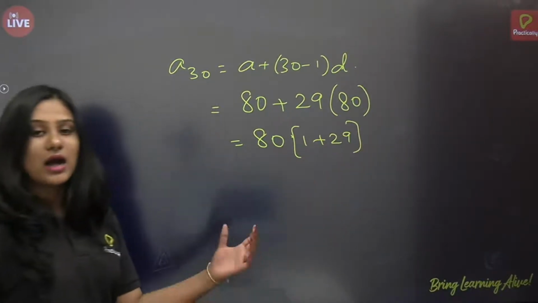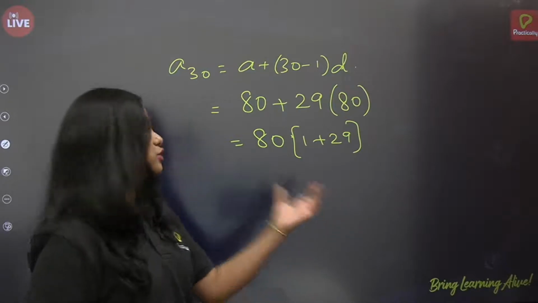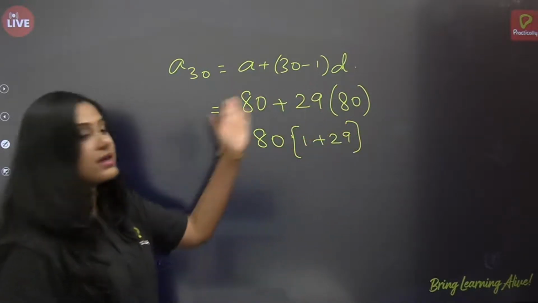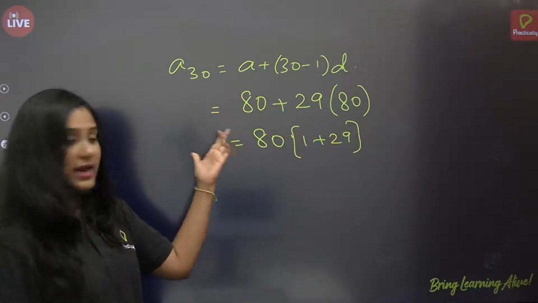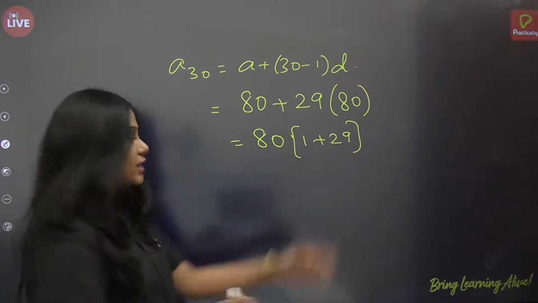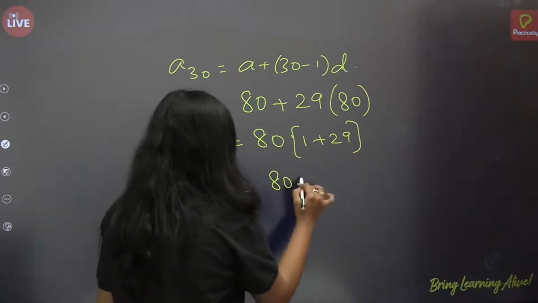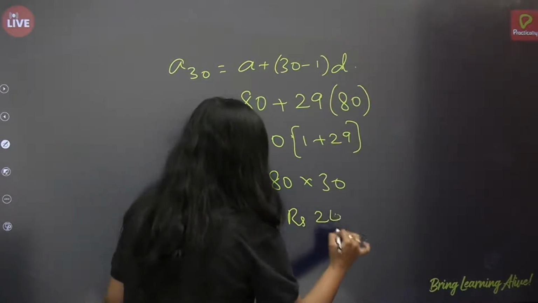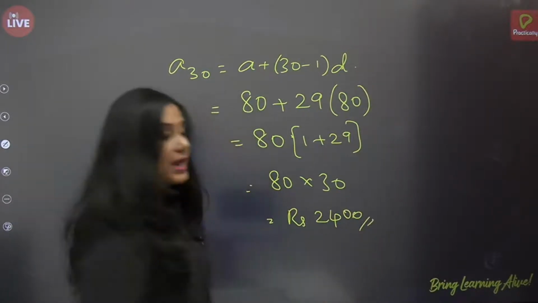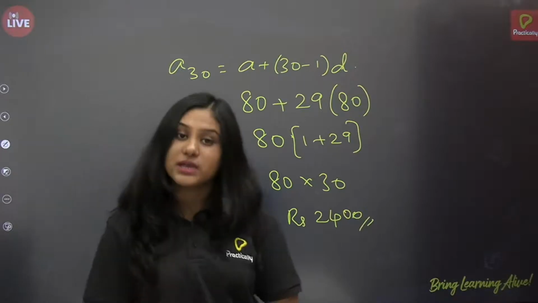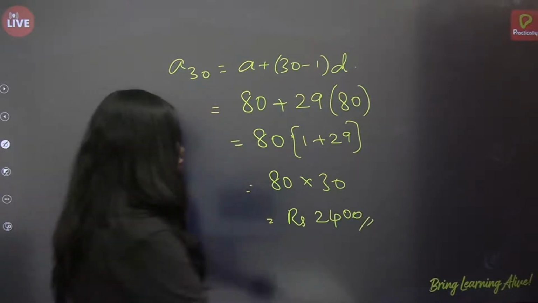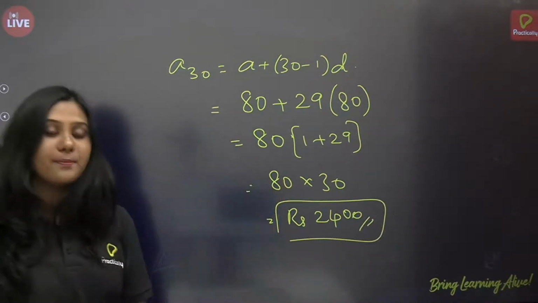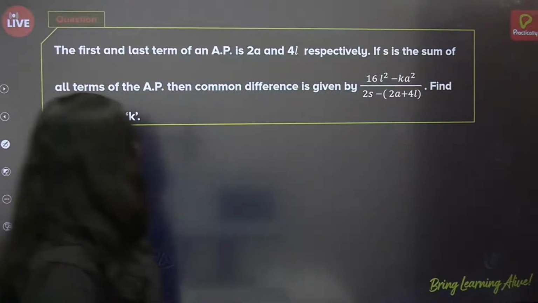This is how you have to make your job easy. Do not calculate 29 into 80 then add 80. Just take 80 common. You will be left with 1 plus 29. That is nothing but 80 into 30. This is nothing but rupees 2400. So at the end of 30 years, the interest would be rupees 2400. Okay. Now let's get to the next one.